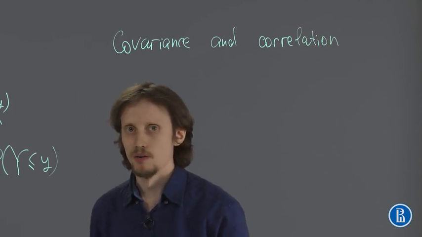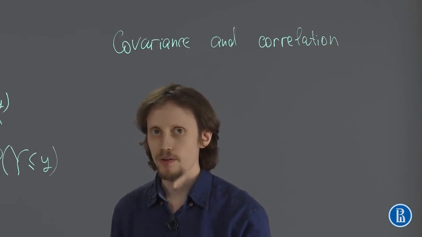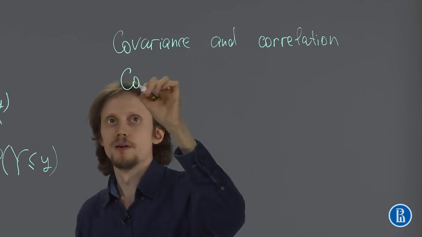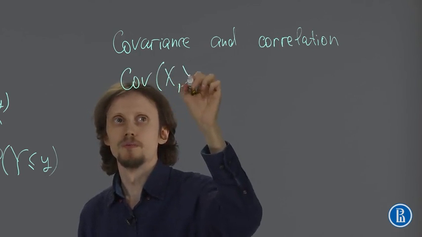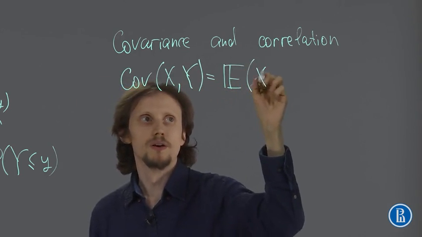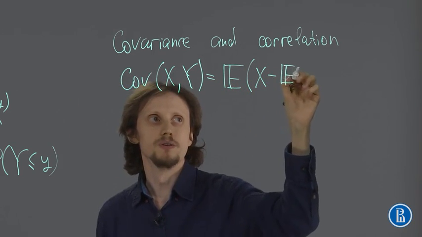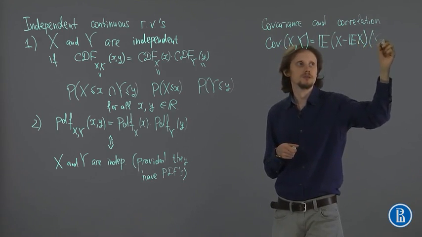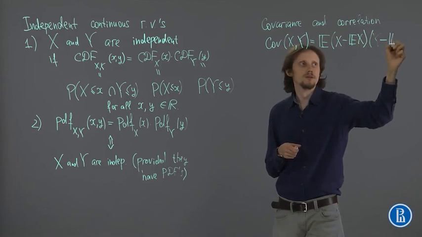Just like in case of discrete random variables, covariance is defined in the following way. Covariance of two variables x and y is expected value of x minus expected value of x times y minus expected value of y.